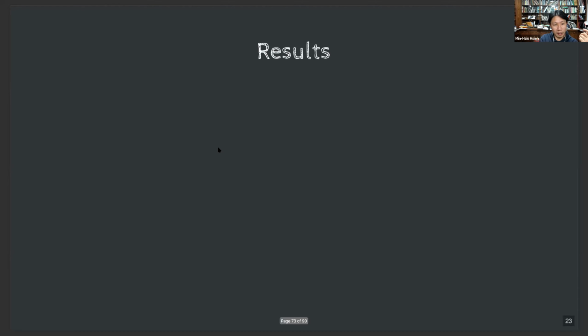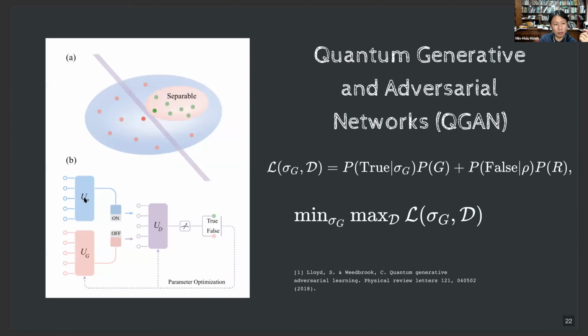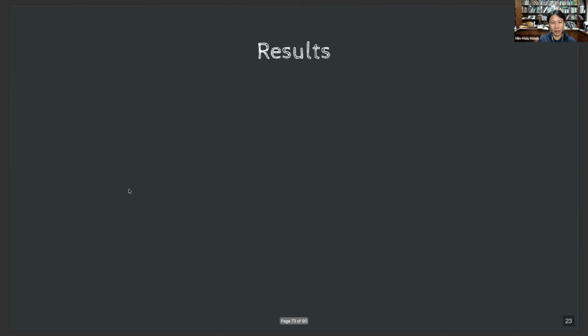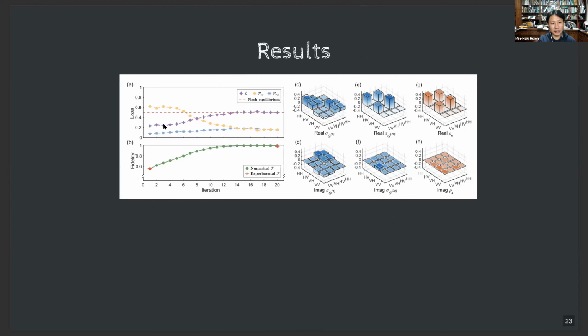If the given state rho is separable, meaning in the lab there is an unknown machine that generates this rho and rho is separable, we can show, if you look at this purple line, that our experiment demonstrates within just 14 iterations you can reach the equilibrium state. Here, the equilibrium state is the 1/2 success probability.